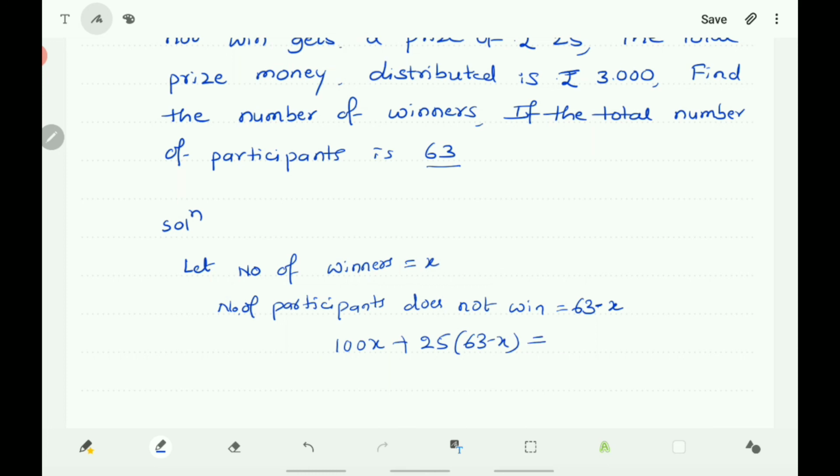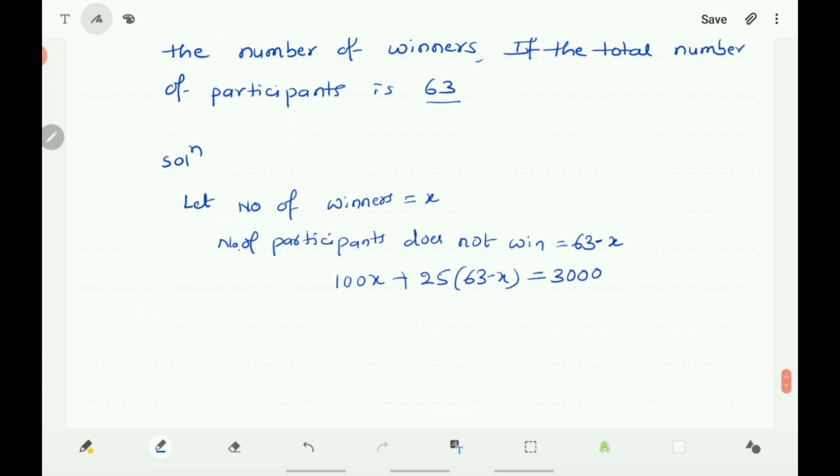The total amount is 3000 rupees. So it becomes 100x plus 25 times 63, that is 1575, minus 25x equals 3000.